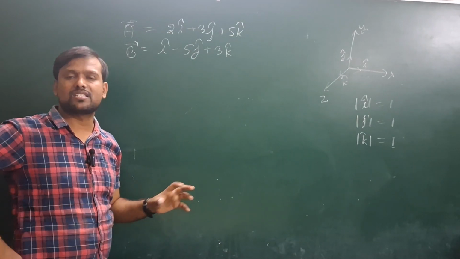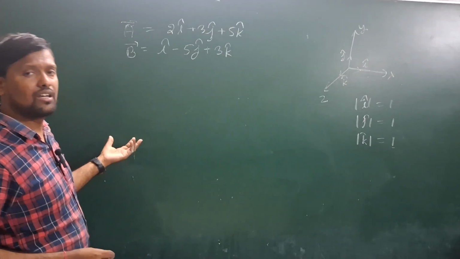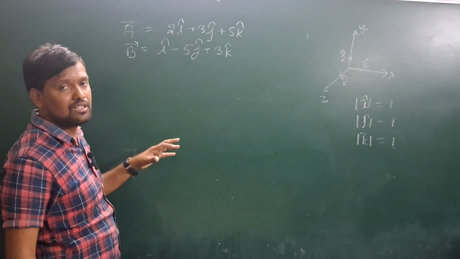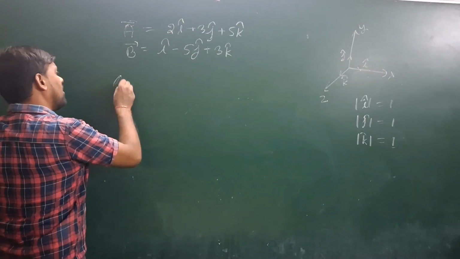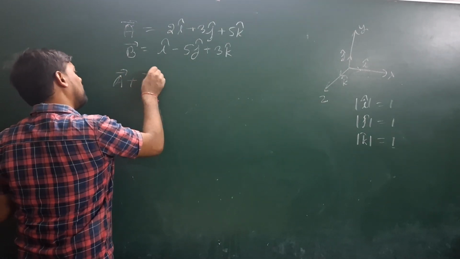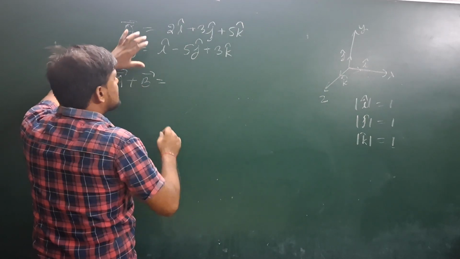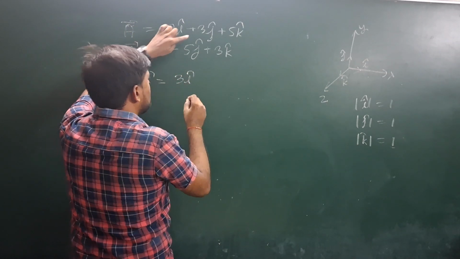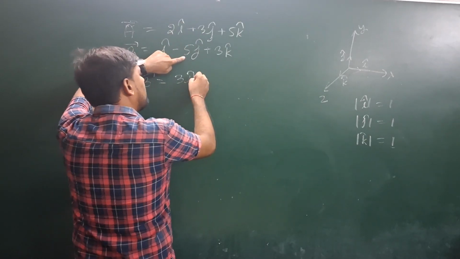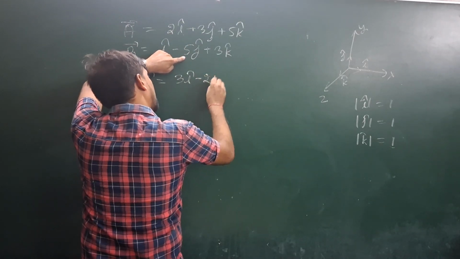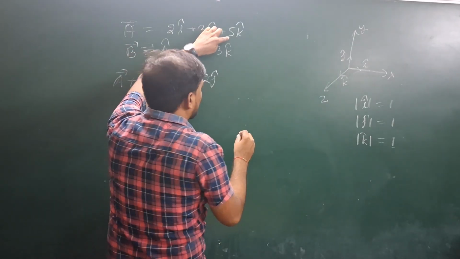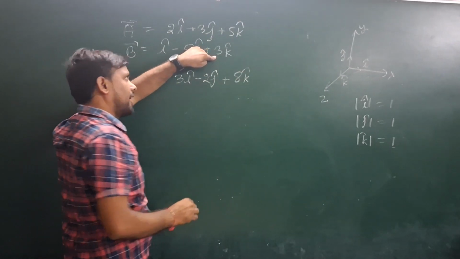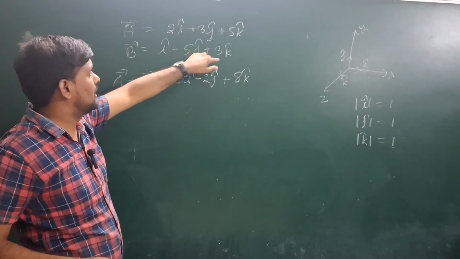If we want to add or subtract vectors, we apply a simple method like algebraic addition and subtraction. Vector A plus vector B: 2i plus 1i becomes 3i, 3j minus 5j becomes minus 2j cap, and 5k plus 3k becomes 8k cap. Understand?